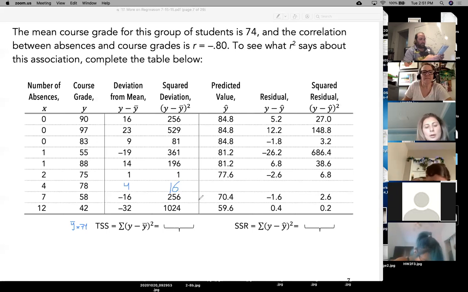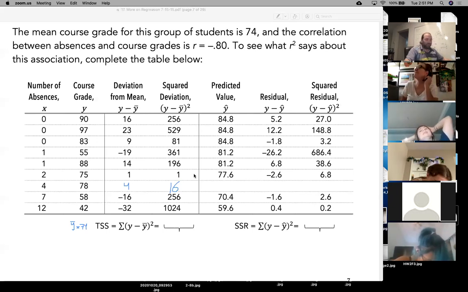I got 2720. No, we're not taking an average. So the sum of those is 2720.